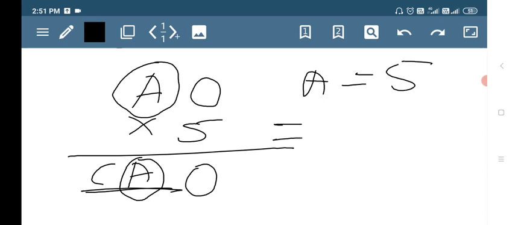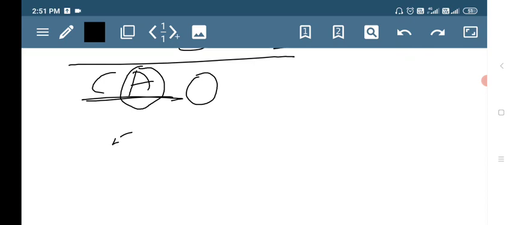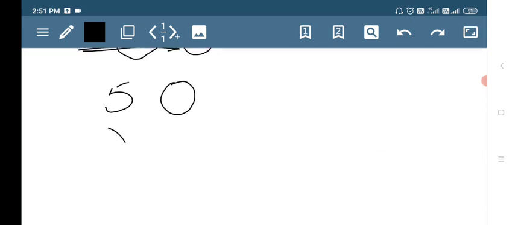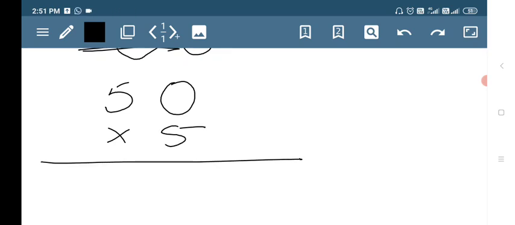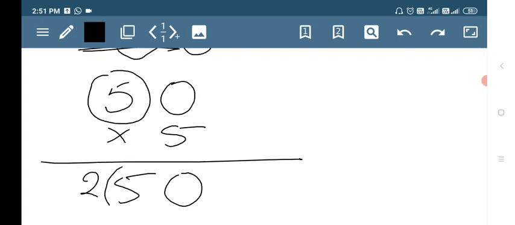Let us take A is equal to 5. Then let us check 50 into 5. So 5 zeros are 0, 5 5s are 25. So the value of the tens place here and the value of the tens place here is the same.